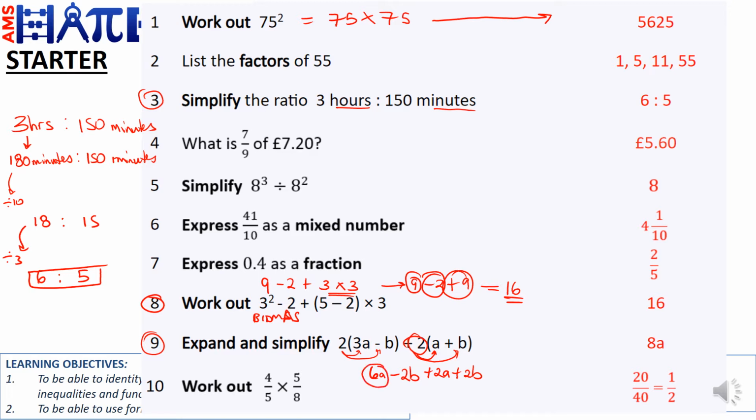So we have 6a plus 2a, which is going to give us 8a, and then we have minus 2b plus 2b, which is 0, so we're just left with 8a. Now let's move to our next slide.